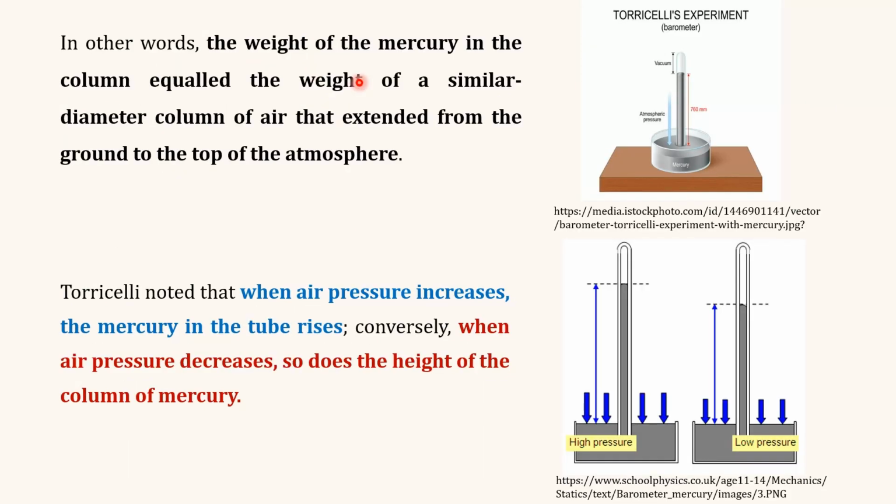In other words, we can say the weight of the mercury in the column equaled the weight of a similar diameter column of air that extended from the ground to the top of the atmosphere. Torricelli also noted that when air pressure increases, the mercury in the tube rises, and the opposite happens when air pressure decreases: the height of the column of mercury also decreases.